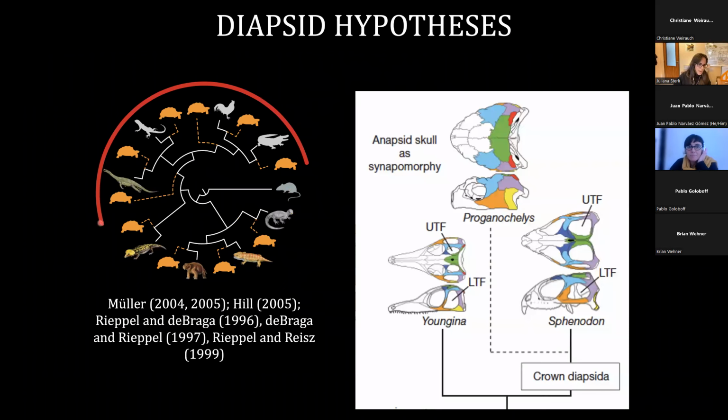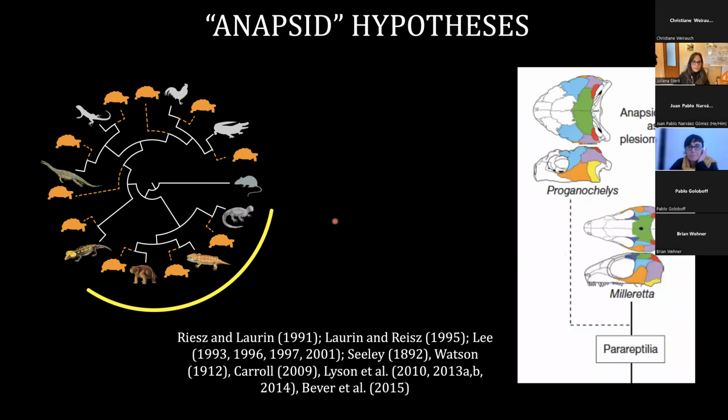So among the morphological hypotheses, we have several papers supporting these relationships. In this case, the anapsid skull of turtles would be a synapomorphy for the group, while if we consider turtles inside this parareptile clade or anapsid hypothesis, we will see that the anapsid condition in the skull of turtles would be plesiomorphic.